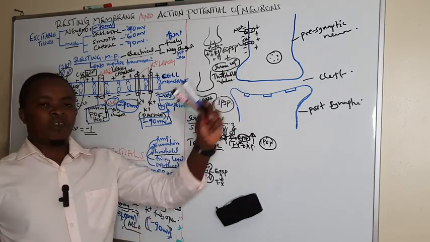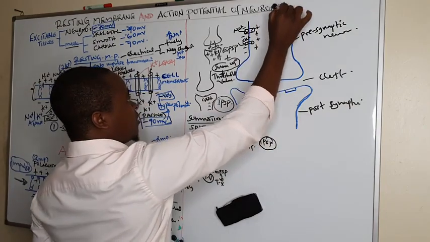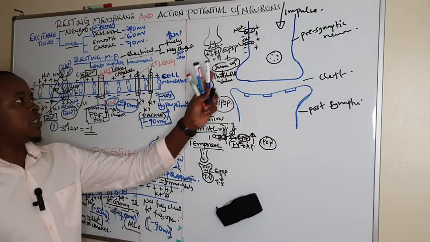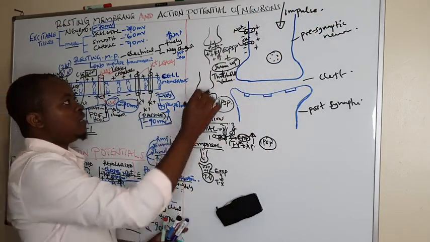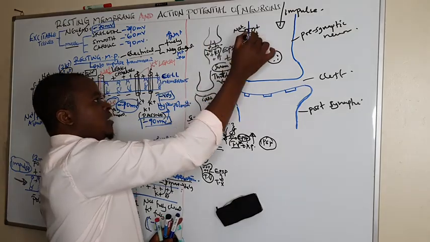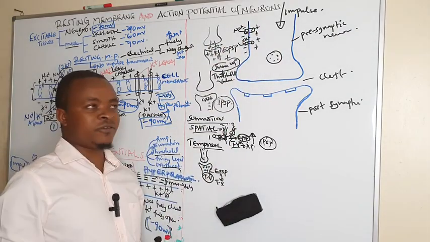Then these are the vesicles. So at the arrival of an impulse in the neuron, it causes depolarization, whereby there is influx of sodium ions. And when sodium ions enter the cell, inside becomes positively charged and outside negatively charged.